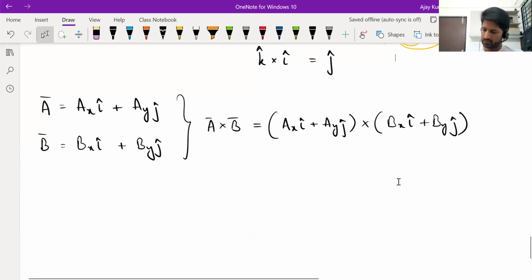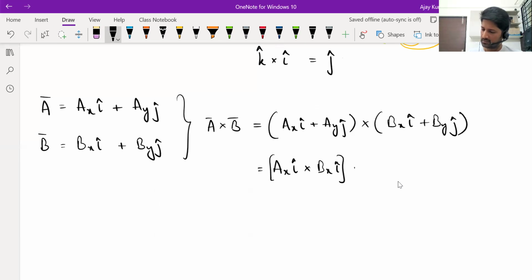So what you need to do is AX I cap cross BX I cap, first term. Next, AX I cap cross BY J cap.